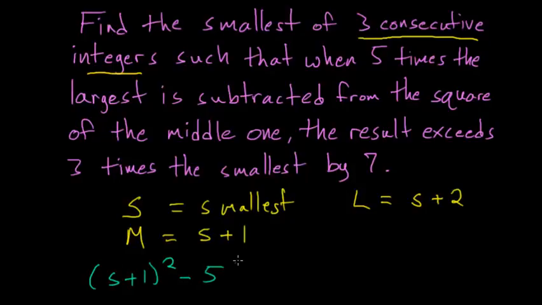So 5 times this (s plus 2), and then the result exceeds 3 times the smallest by 7. So this is equal to 3 times the smallest plus 7, since it's exceeding this result by 7. And now we just have an equation involving s, which we can solve for.